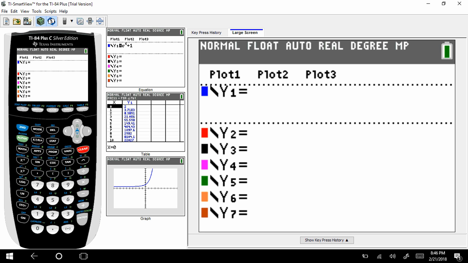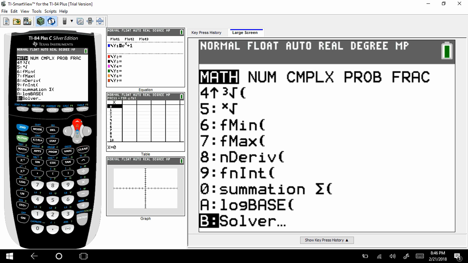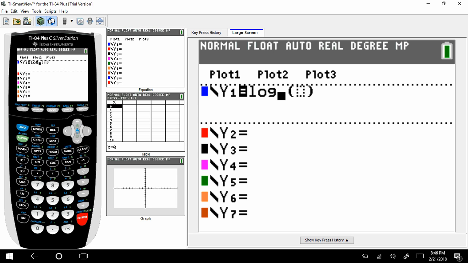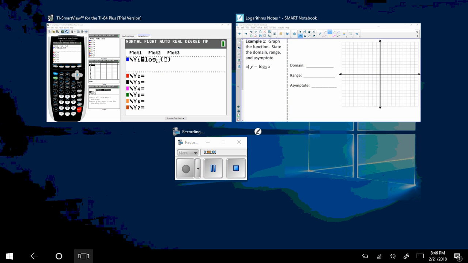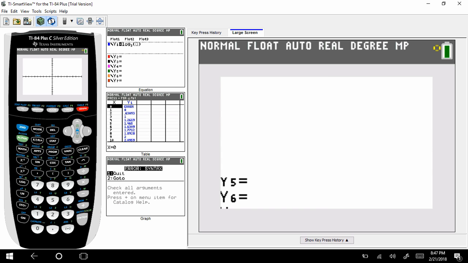So clear anything out. Now remember, we get log base from hitting math, and then I scroll up because it's at the bottom. So log base, and this was log base 3 of x. So 3 goes there, and x goes in here, and so then we can graph it.